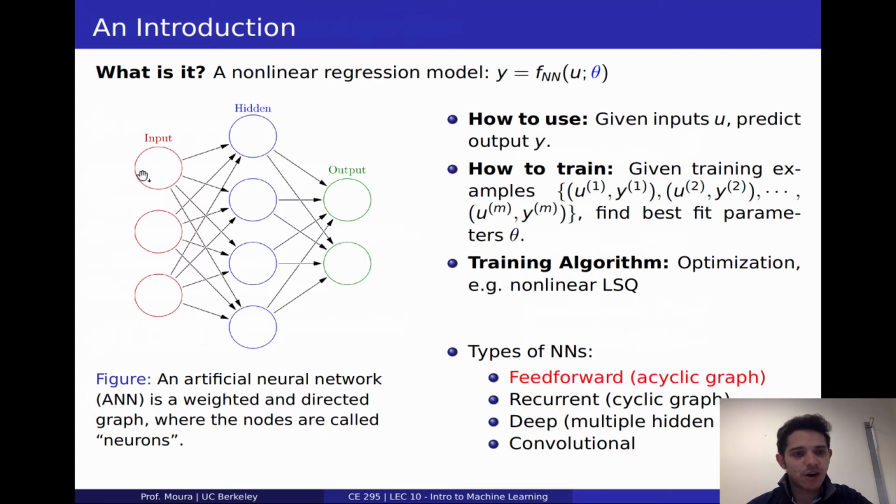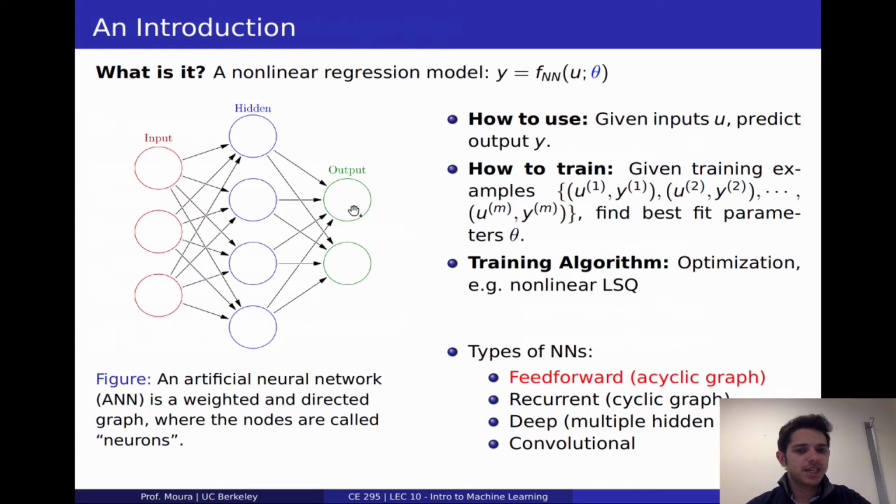In the first layer, all the way on the left, we have some input data. This could be the different elements of u. That's the input layer. Let me skip the hidden layer and go to the output layer. From what happens in the middle, we receive information, and the output layer will spit out the value that we're interested in forecasting or predicting. This is y.